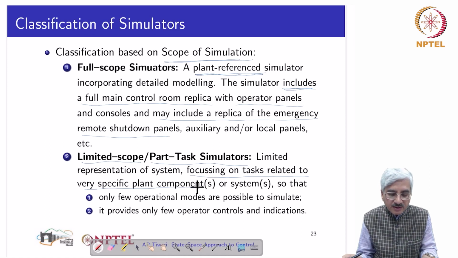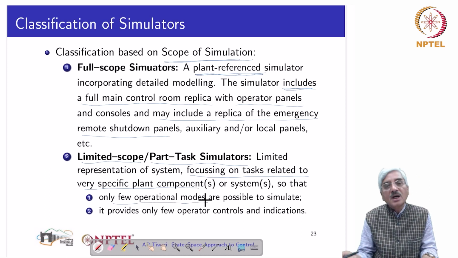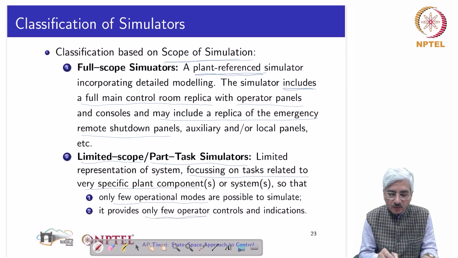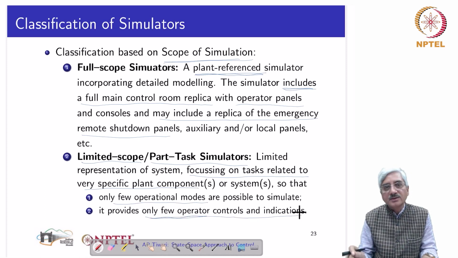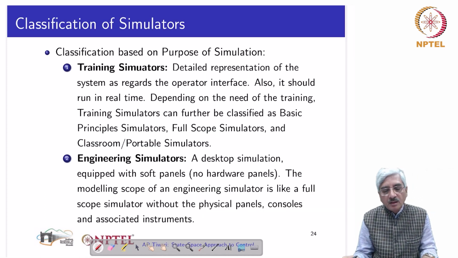So in the limited scope or part-task simulators, only few operational modes are possible to simulate, and it provides only few operator controls and indications as needed for that particular specific task which is to be done or a specific plant component or subsystem which is to be simulated. Both the simulators are common.